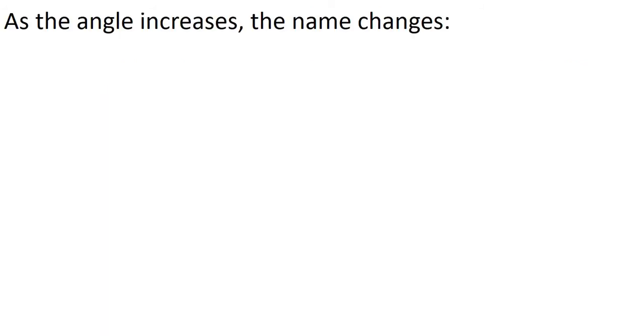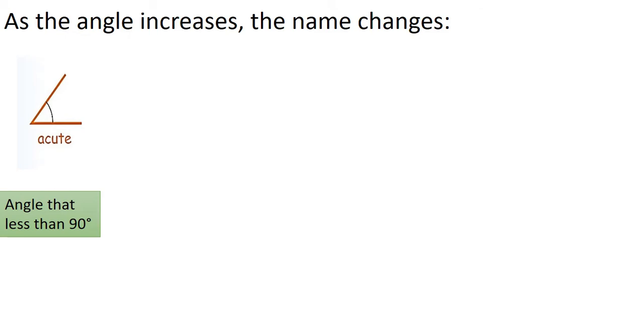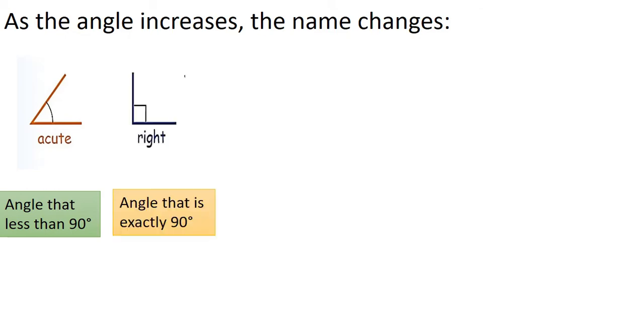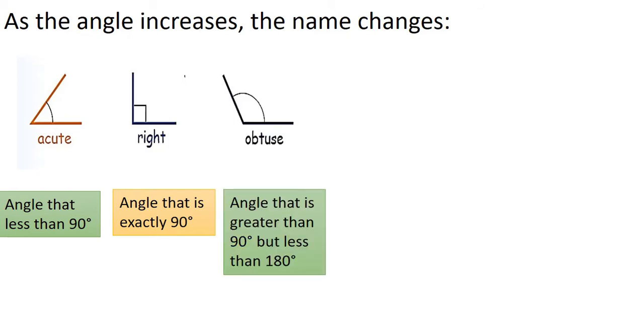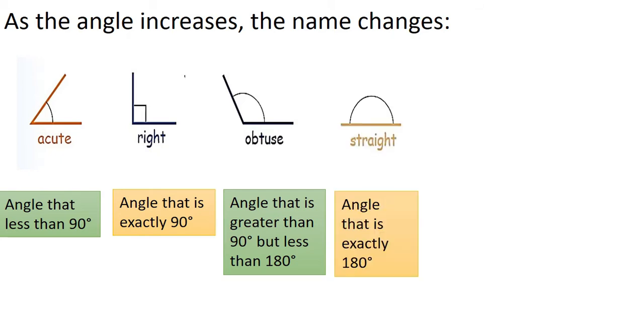As the angle increases, the name of the angle also changes. This is called an acute angle, an angle that is less than 90 degrees. This is called a right angle, which is an angle that is exactly 90 degrees. An angle that is greater than 90 degrees but less than 180 degrees is called an obtuse angle.